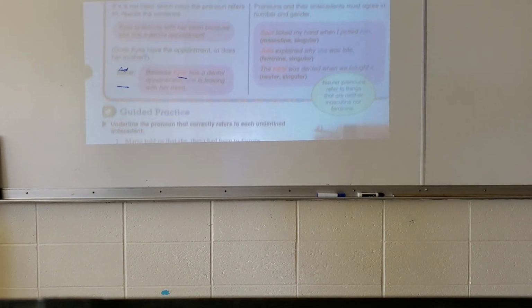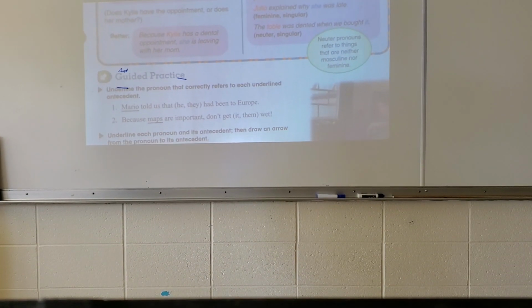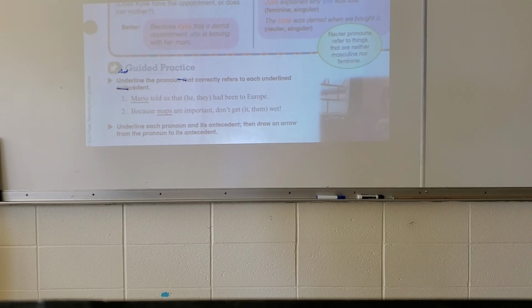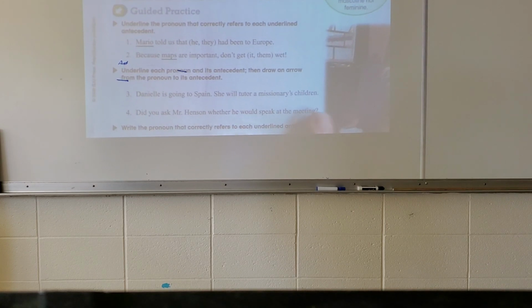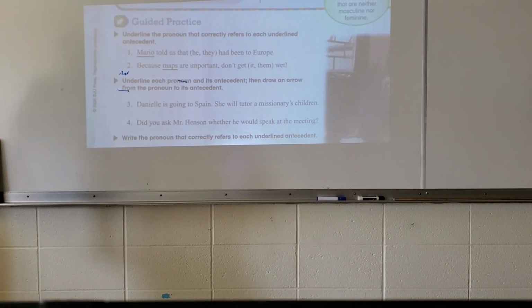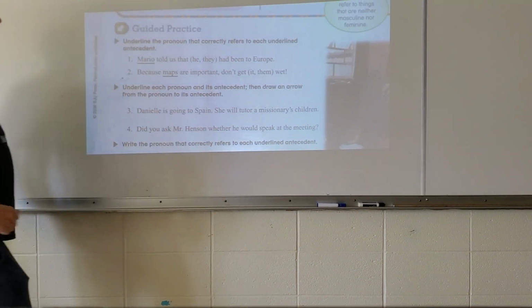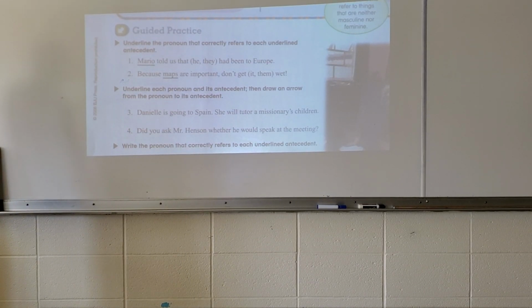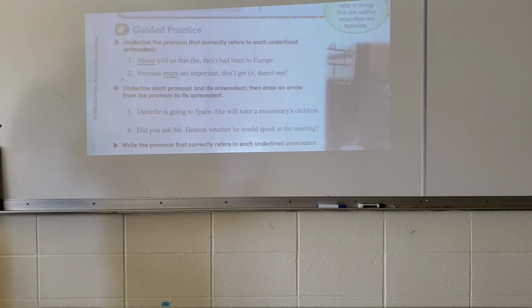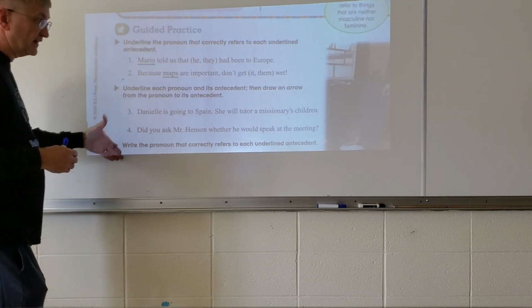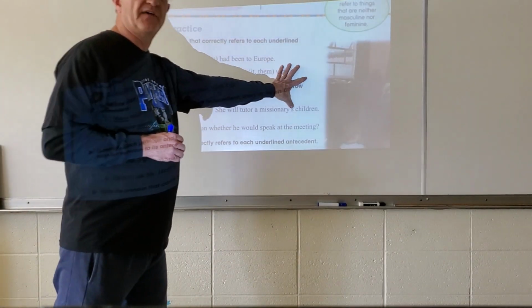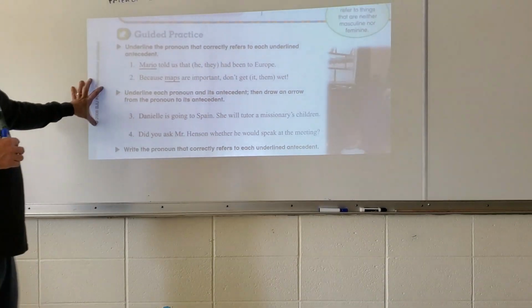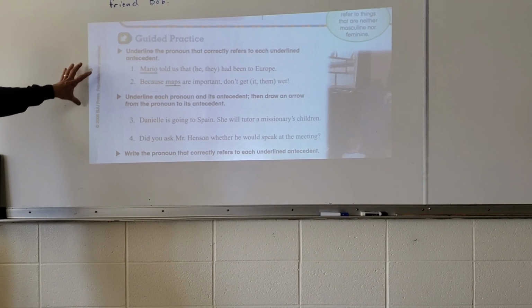Now, slide this up. Let's kind of walk through this a little bit. Okay. All right. So we have underline the pronoun that correctly refers to each underlined antecedent. And you'll want to do this with me because this is kind of your information page on here. The independent practice is on the computer. This you do with me on the computer. You're on your workbook.